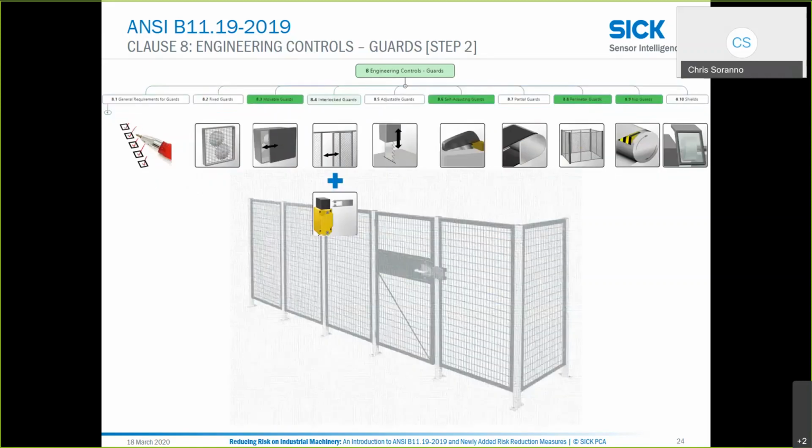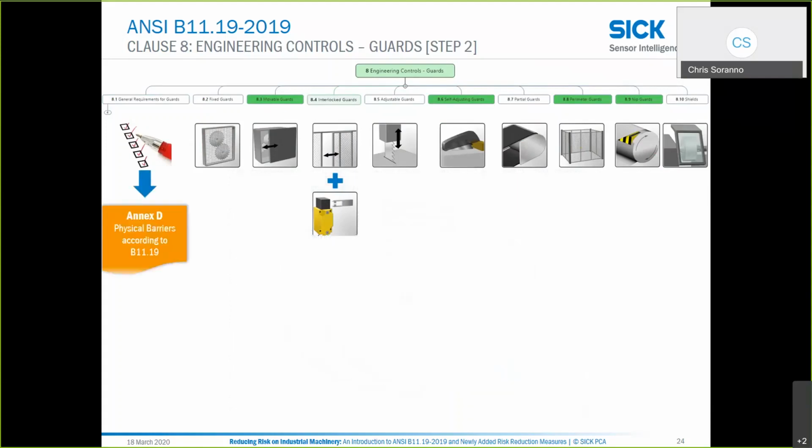When we get into step 2 with the engineering controls, as I mentioned, there's 3 subparts to this, the first of which is guards. Again, starting with clause 8.1, general requirements for all guards. And there's a number of annexes within the document, which we'll see later here today, that help support the application of guards.